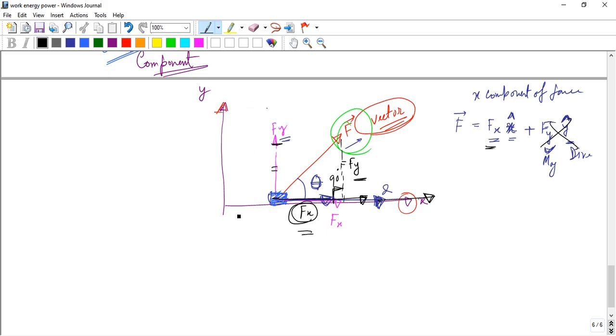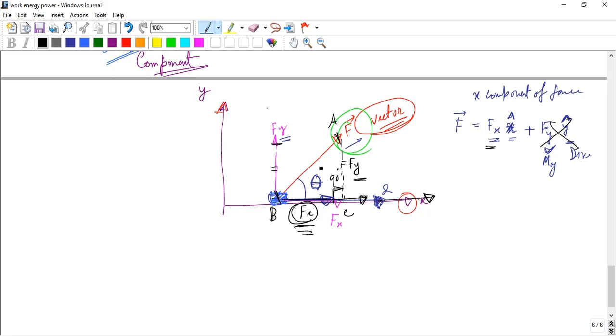Now in the given triangle ABC, which is a right angle triangle, C is the 90 degree angle. From the trigonometric ratio, we want the base part. CB or BC is the base, and F is the hypotenuse.